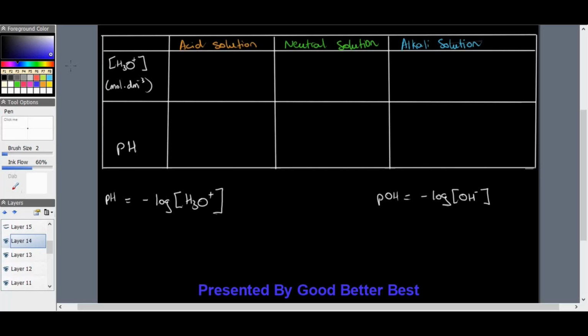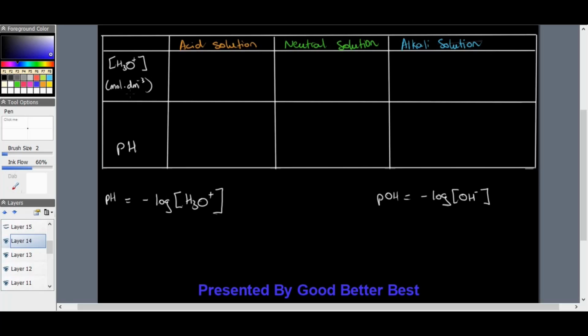The concentration of H3O+ in a solution is used to calculate the pH value of a solution. This concentration, in moles per decimeter cubed, is a key component of determining just how acidic a solution is. It's often a very small value, and that's the reason why chemists developed the pH scale.